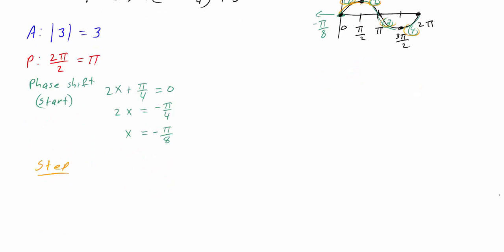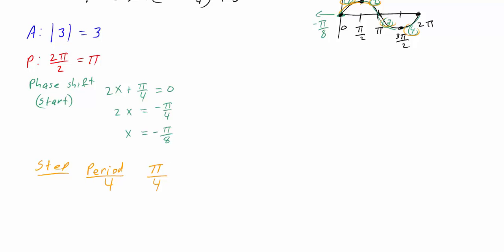Well, we know that if the period is equal to pi, then to calculate each individual step, I want to take the period and divide that by 4. So therefore, we're going to have our 4 equal steps. So I would take the period, which in this case was pi, and divide that by 4. So each step is going to be a distance of pi over 4.